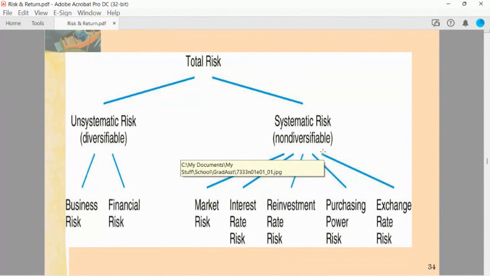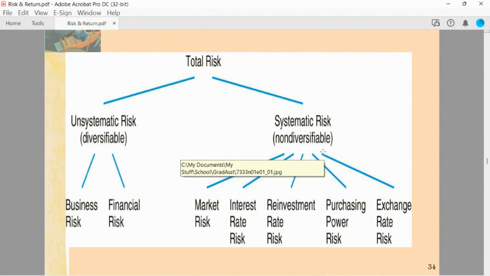Now, do you remember, what are the risks in the bond? In case of bond, the risks are, first of all, default risk, right? And then inflation risk, liquidity risk, and then interest rate risk, or maturity risk, or price risk, right?